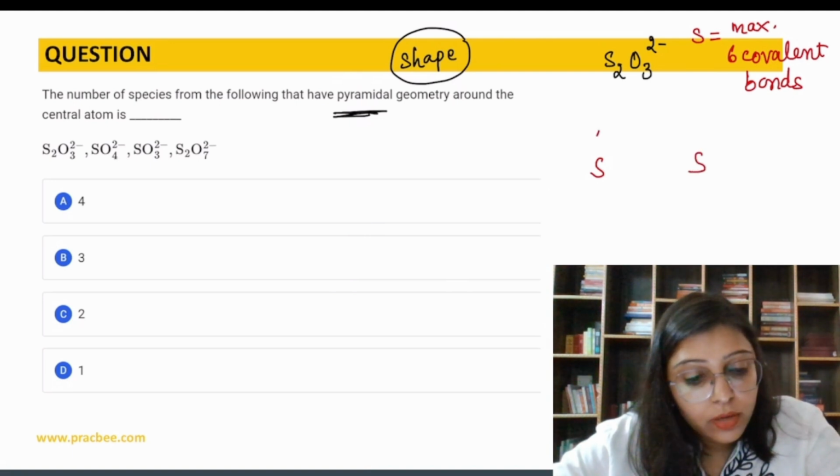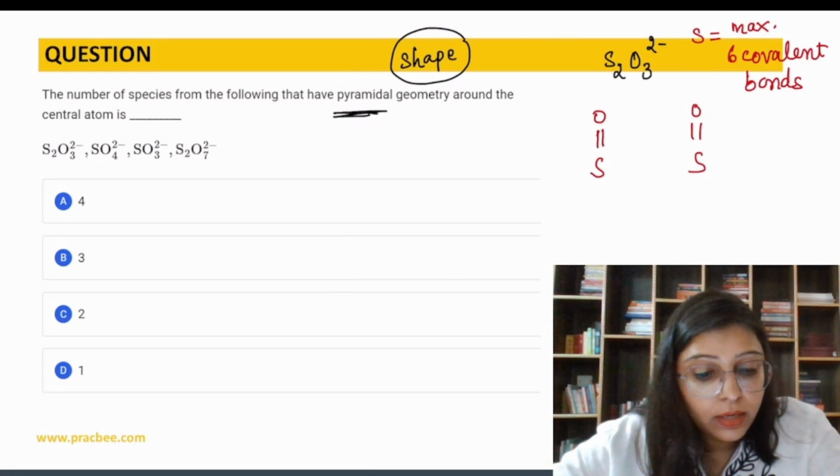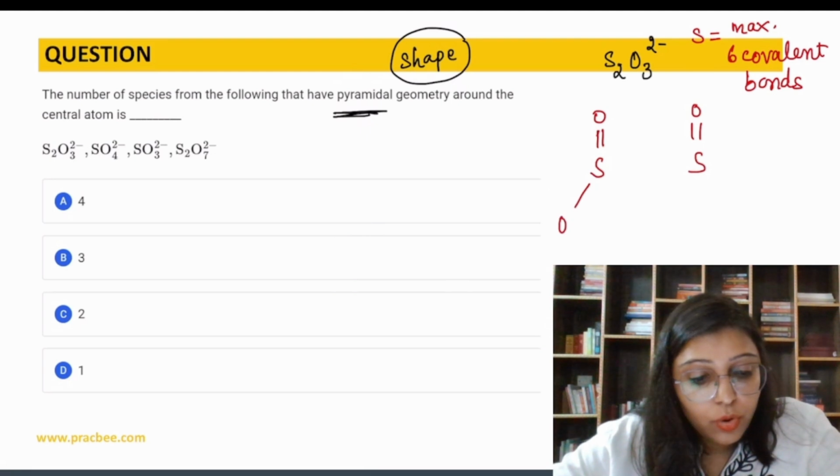So a sulfur with two double-bonded oxygens, then we have O minus and O minus.